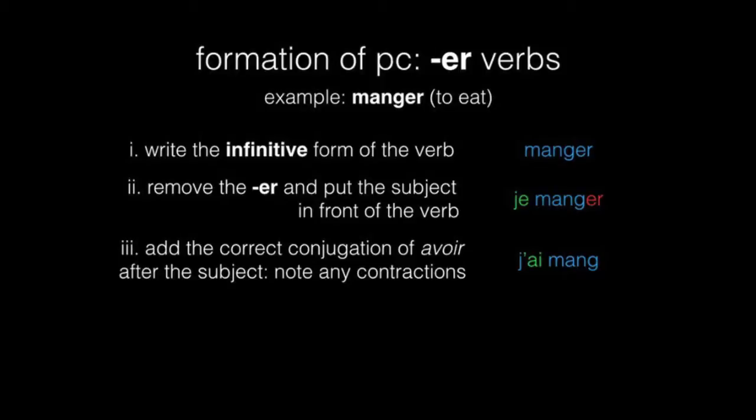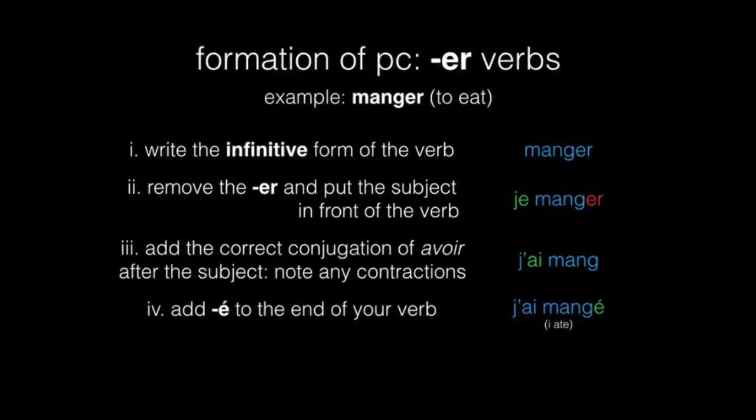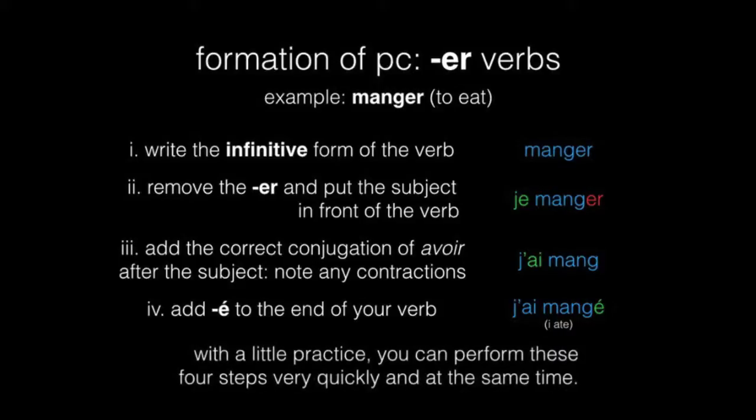So it's j'a mange. And the last step, add the appropriate ending to the end of your verb. In this case, é, and then you're finished. J'ai mangé, or I ate. With a little practice, you can perform these 4 steps very quickly and at the same time.